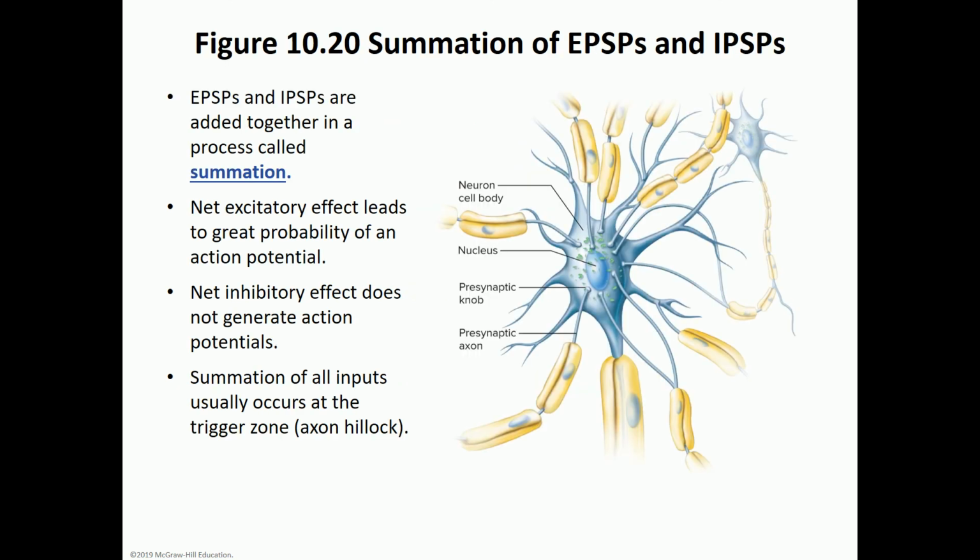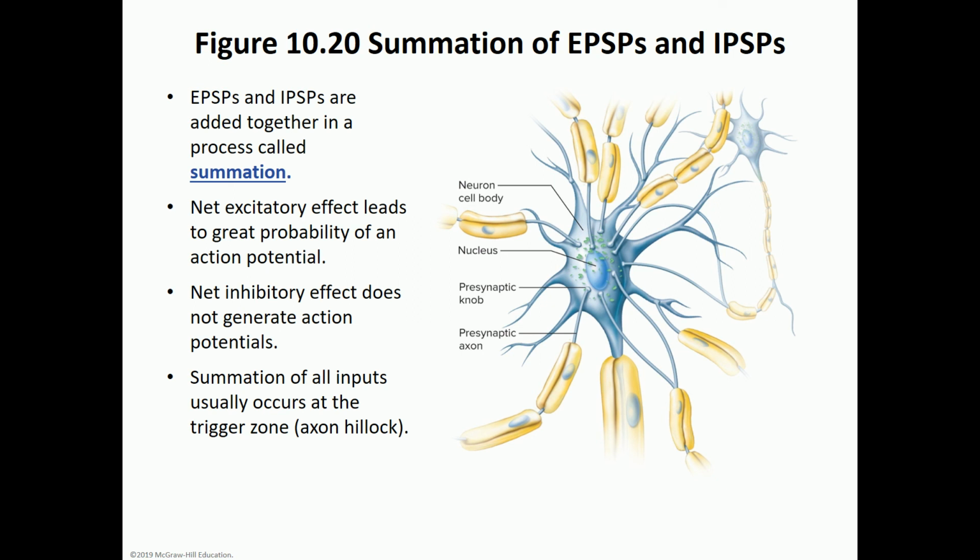What really happens is that you can see this poor nerve is getting impulses from several surrounding nerves. Some of them are EPSPs, some of them are IPSPs. So what is this poor nerve to do? It does what is known as summation.